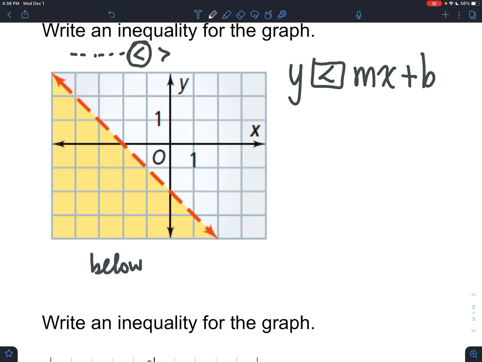Less than means below. So the slope, we have to count the slope, right? Down 1, over 1. So the slope is -1. The y-intercept is -2.